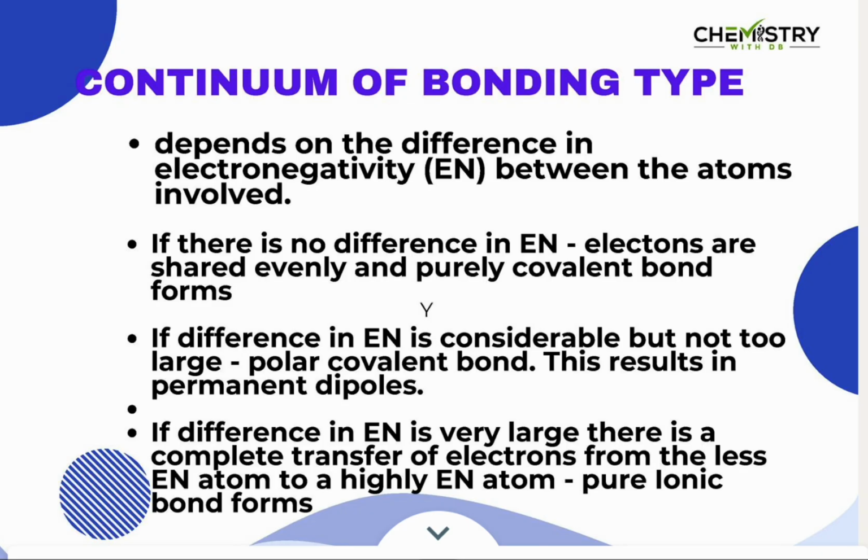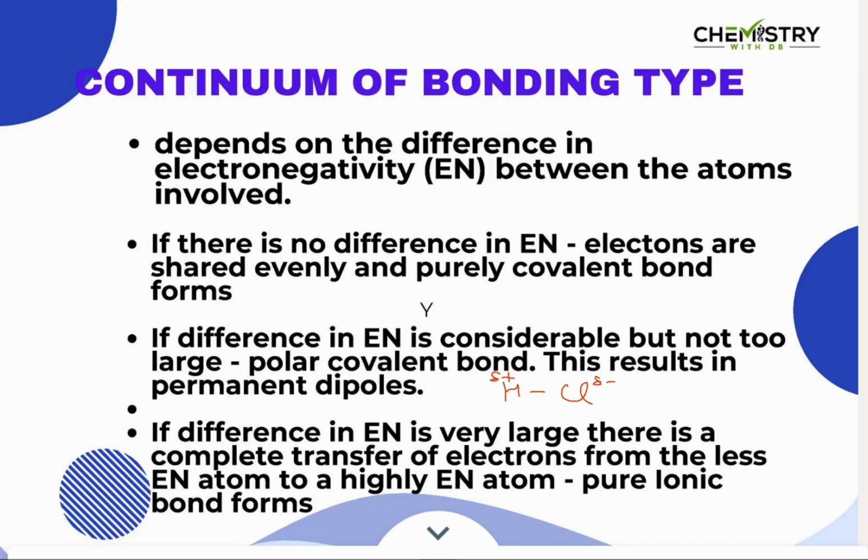However, there may be an instance that there is a difference in electronegativity, and as a result of this, the shared pair will be attracted more towards one of the atoms. As a result, that atom would become delta negative and the other one will become delta positive. So, for example, when we have HCl, then in that case, chlorine is more electronegative. So, this will be delta negative, and hydrogen, on the other hand, would be delta positive.